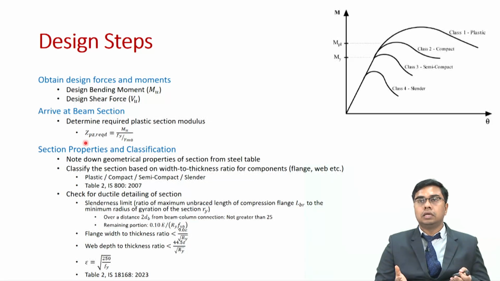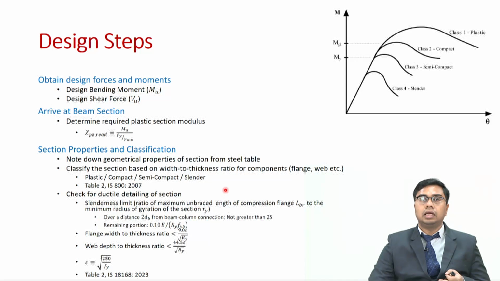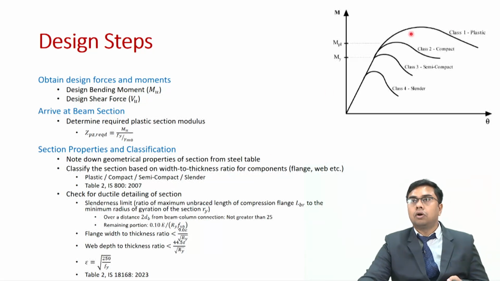Based on various geometrical properties such as width and thickness of flanges and webs, we shall classify the section into plastic, compact, semi-compact and slender. This is based on Table 2 of IS 800-2007.